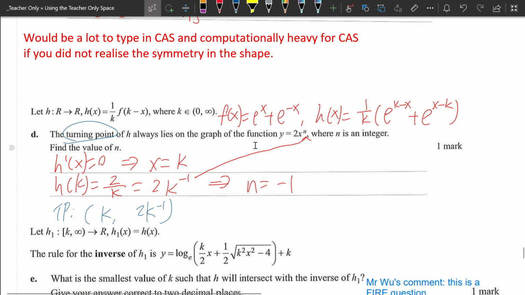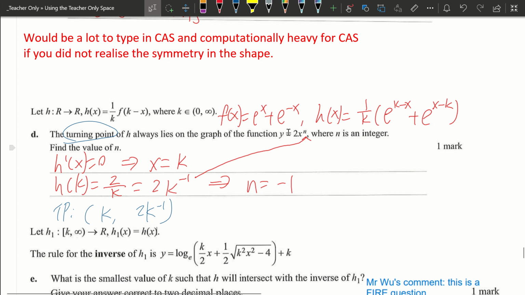Which means the turning point has the format 2 times x to the power negative 1, right? k is x. Here, y equals 2x to the power n.